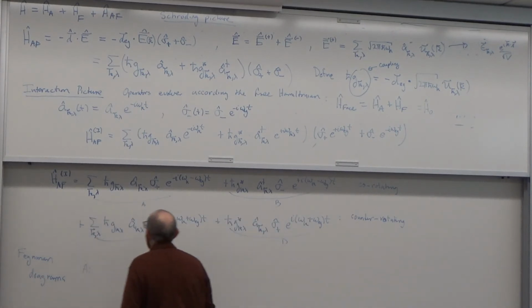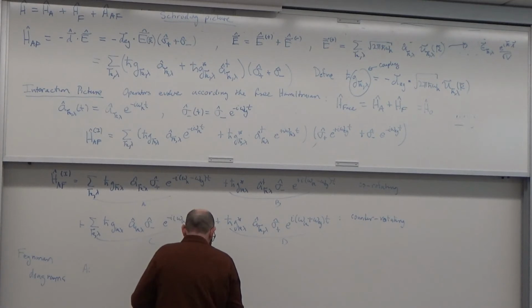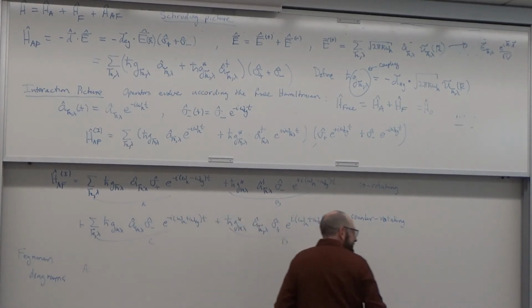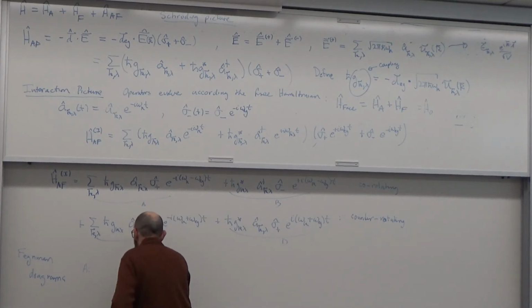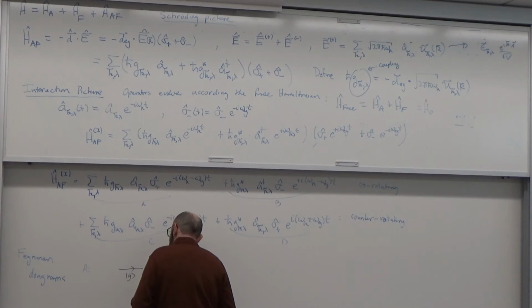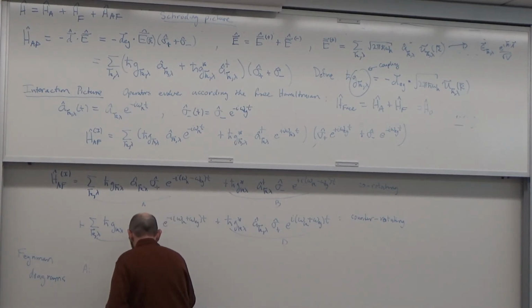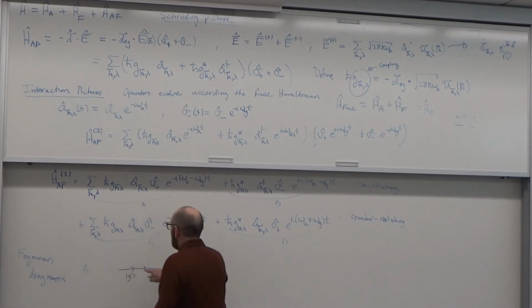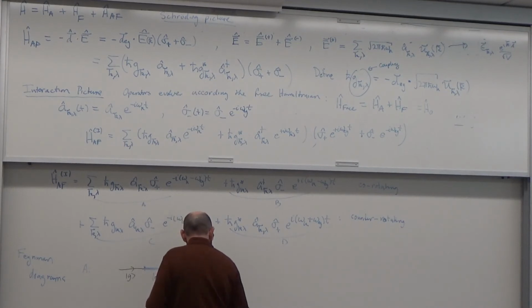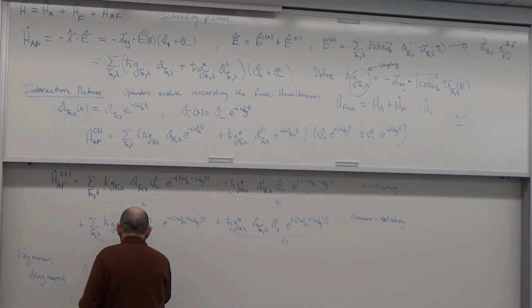From a Feynman diagram point of view, let me use the following picture. I'll say that the ground state is a line like that, and the excited state is a thick blue line. So I go from ground to excited, and photons will be black too.